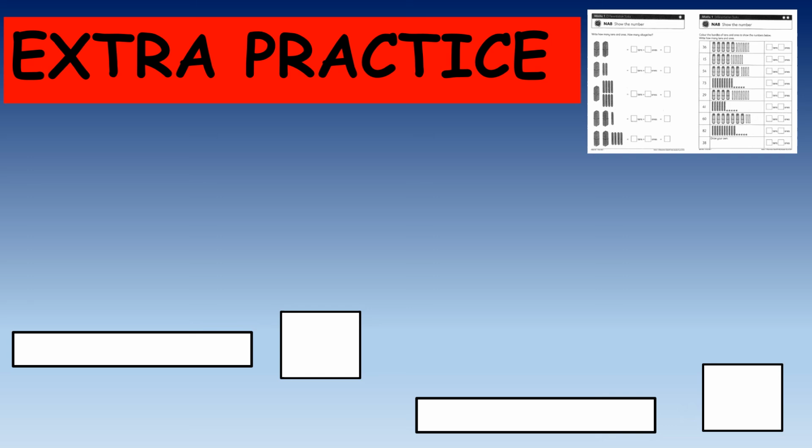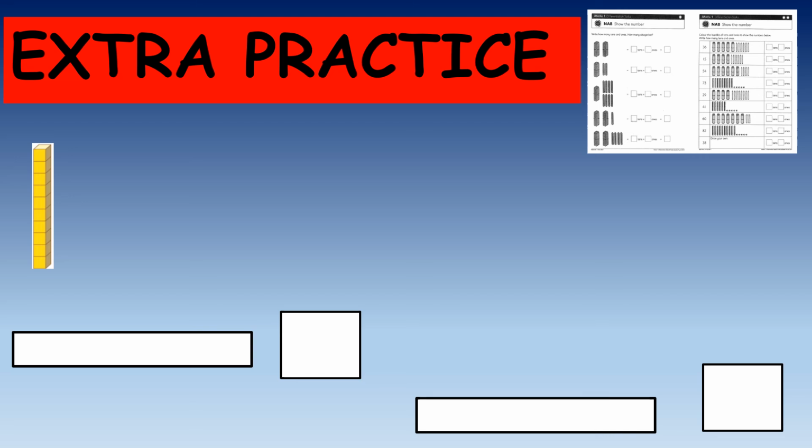The first number that we're going to look at, I've already partitioned into a collection of tens and ones. I've used my MABs for this one. We've used these in class before. We know that a big long stick of MABs is called a 10.